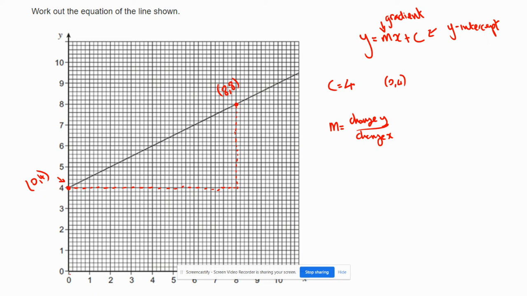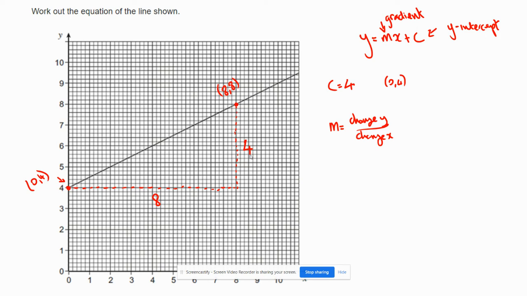From here to here, we've gone from 0 to 8, so this is 8 units along. The y-coordinate is 4 at this point, and 8 at this point, so we've got an increase here of 4.